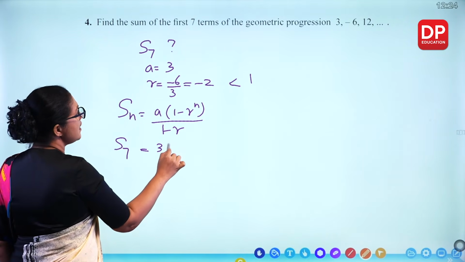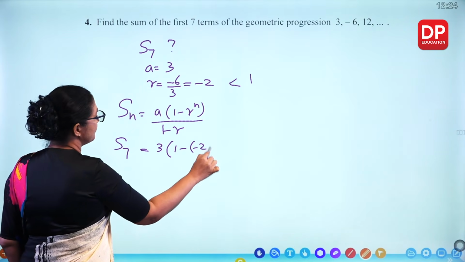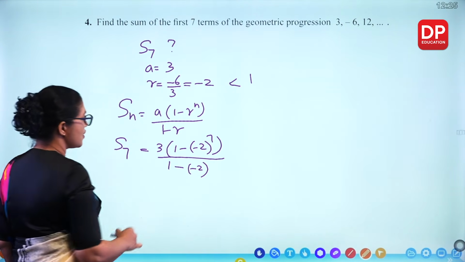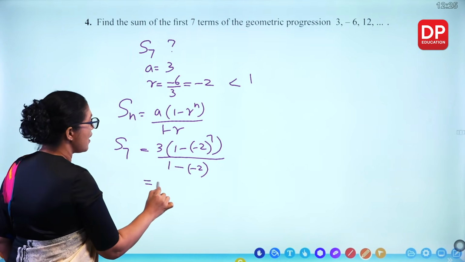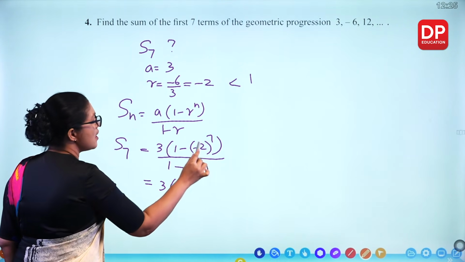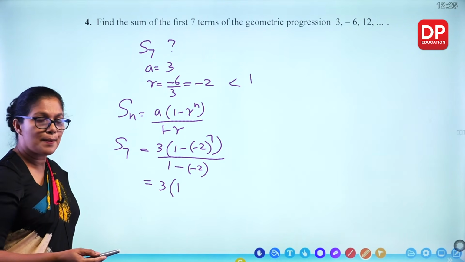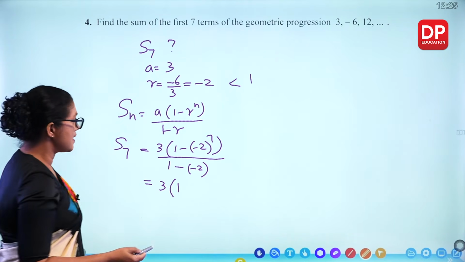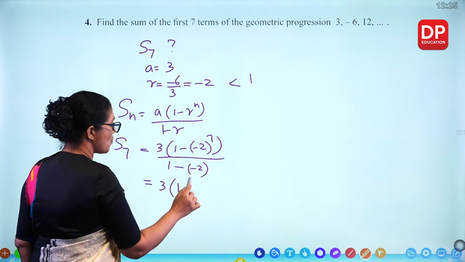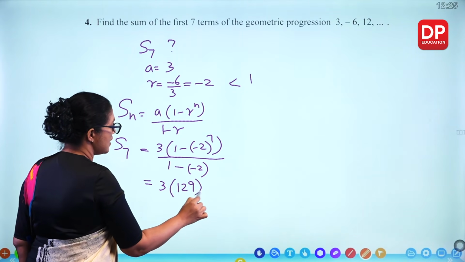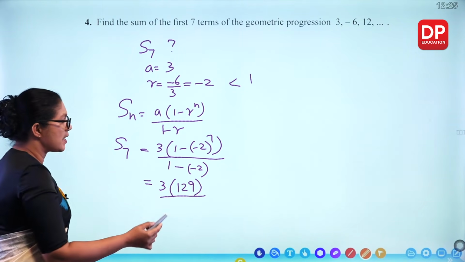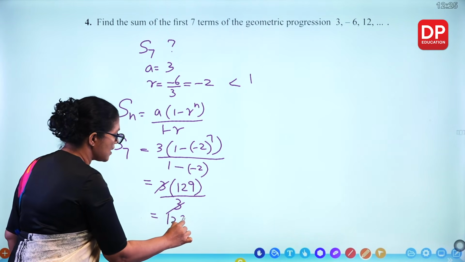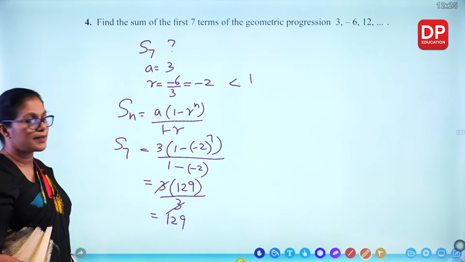A is 3. R is minus 2. When you simplify, what you get? 2 to the power 7 is 128. That's negative. So 128 plus 1, 129. And 1 minus minus 2 becomes 3. So 3 get cancelled out. The answer is 129.